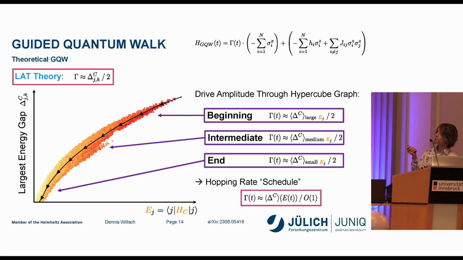Now, this time evolution here in this two-level subspace are local Rabi oscillations, and we see that the frequency between state J and state K, which are coupled under this Hamiltonian, depends on the hopping rate, so the prefactor of the driver Hamiltonian, the quantum walk hopping rate, and this energy difference over 2.